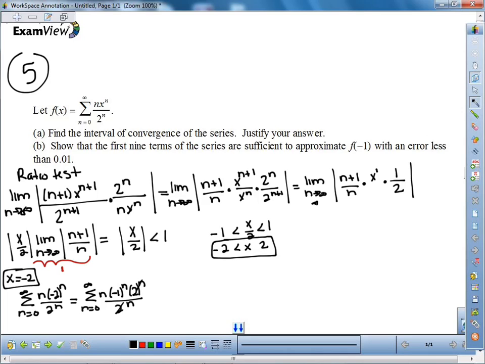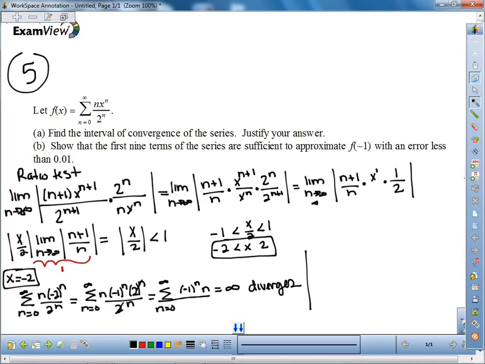So these cancel, and I have n times negative 1 to the n. It does not go to 0. It's an alternating series, but it does not go to 0. It actually goes to infinity. So this series diverges, which means negative 2 is not included in my solution.